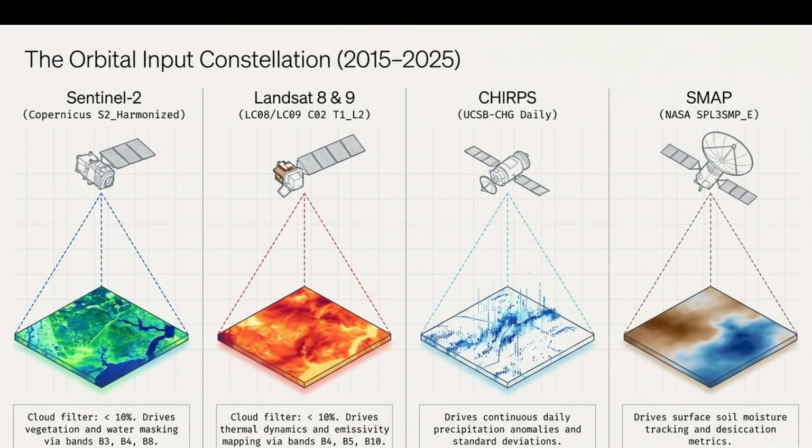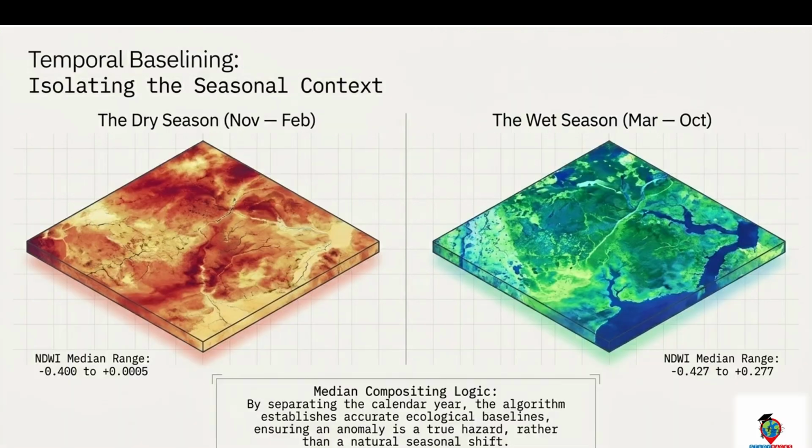This type of sensor data we use in our code, and we extract the information. Mainly we isolate the seasonal context, dry season and wet season. For the dry season, we take the months November to February, and for the wet season, March to October. Then we create different types of seasonal indices also.